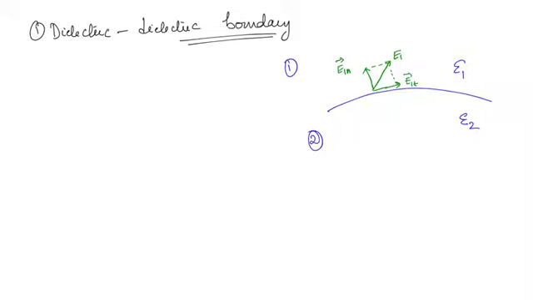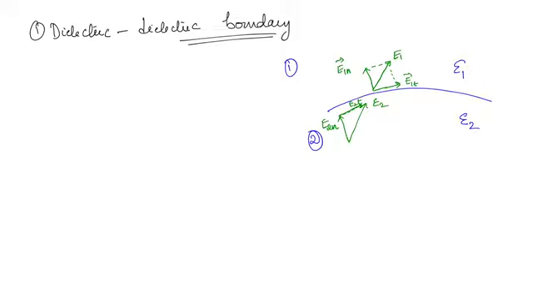Similarly you can have the electric field E2 here. Here also you can draw the tangential vector, which we represent as E2t, and the normal vector will be in this direction, which is E2n.